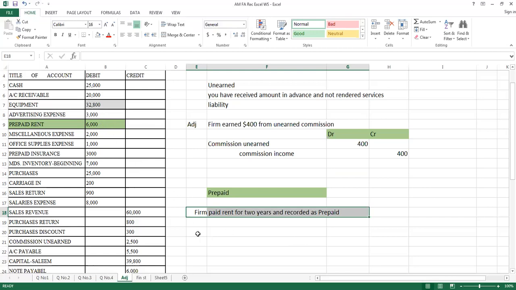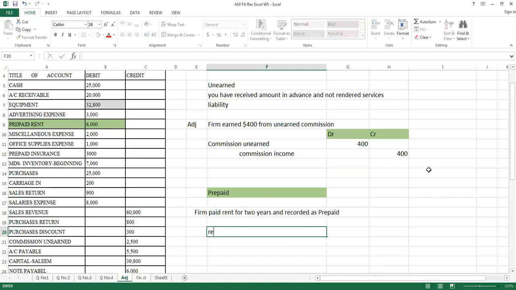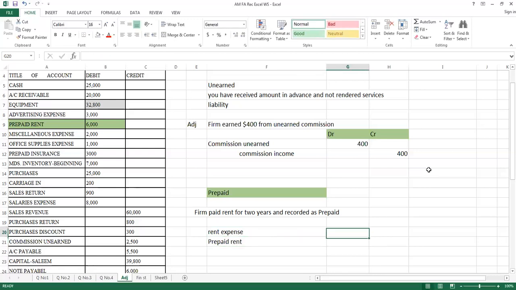The adjusting entry that you will pass at the end of the year will be rent expense debit and prepaid rent credit. Think, by how much amount? Yes, it is easy, no problem. Just see, you paid 6,000 for 2 years, so I am dividing it by 2.